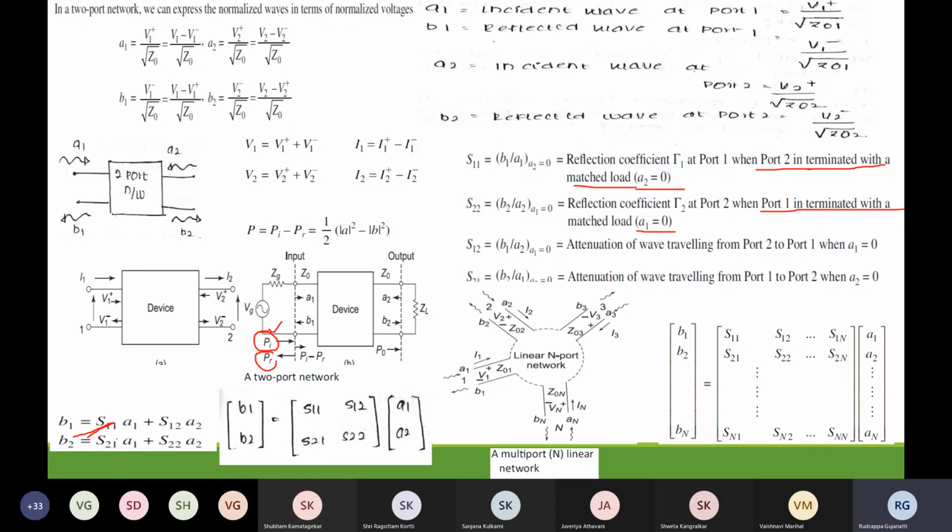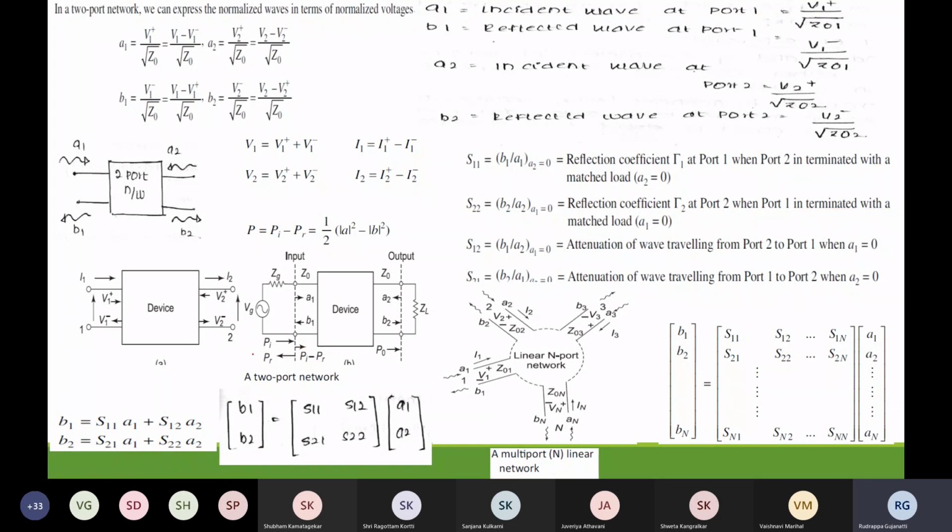Now what is PR? PR is the reflected power at the same port. Now if I consider PI minus PR, this is the power which is provided or given to the device or the microwave network.